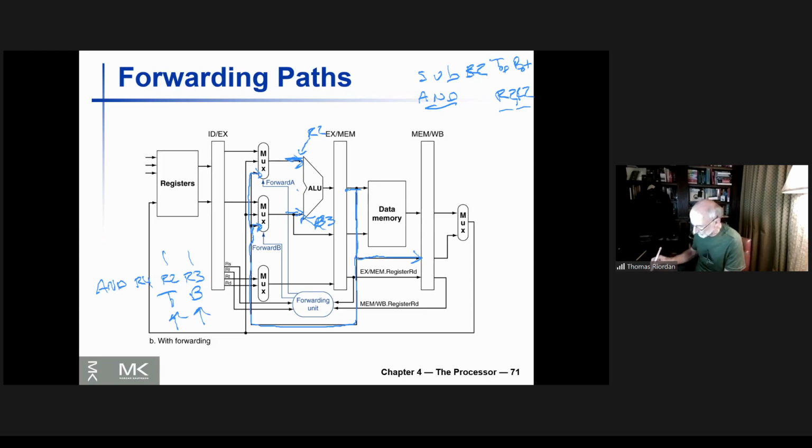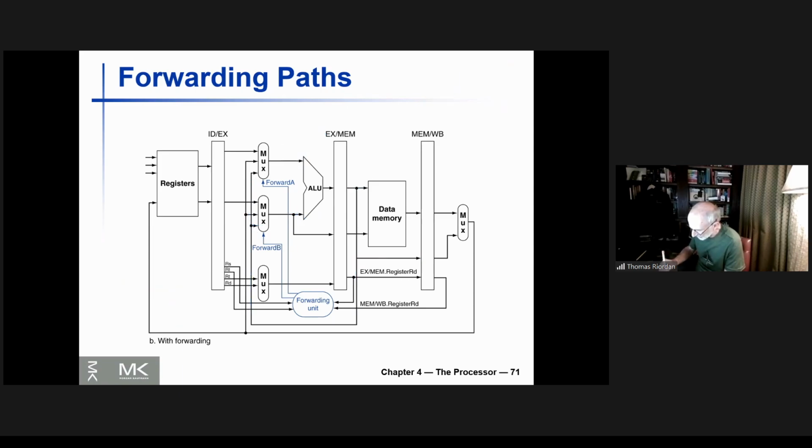All right, so that's the infrastructure. Now the question is, okay, so how do we make that happen? How do we get this mux here to take this guy here as its input? How do we make this path happen, the path that I've drawn here?